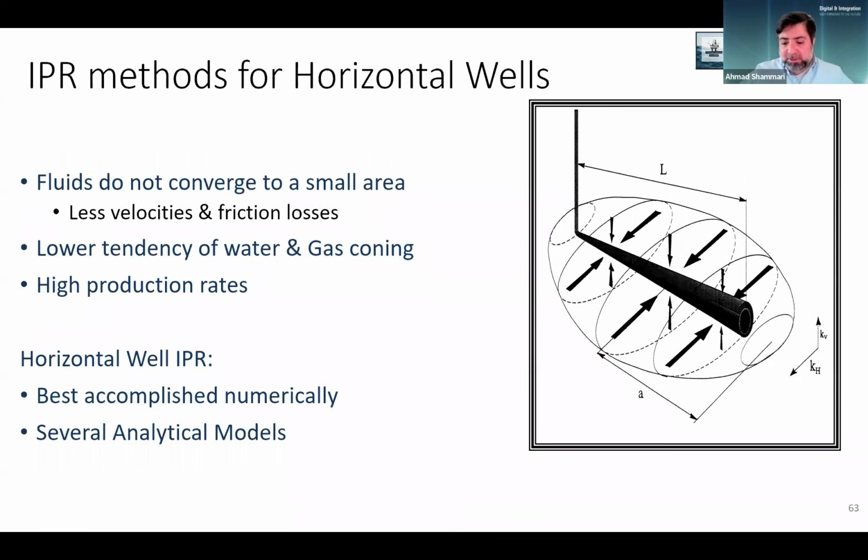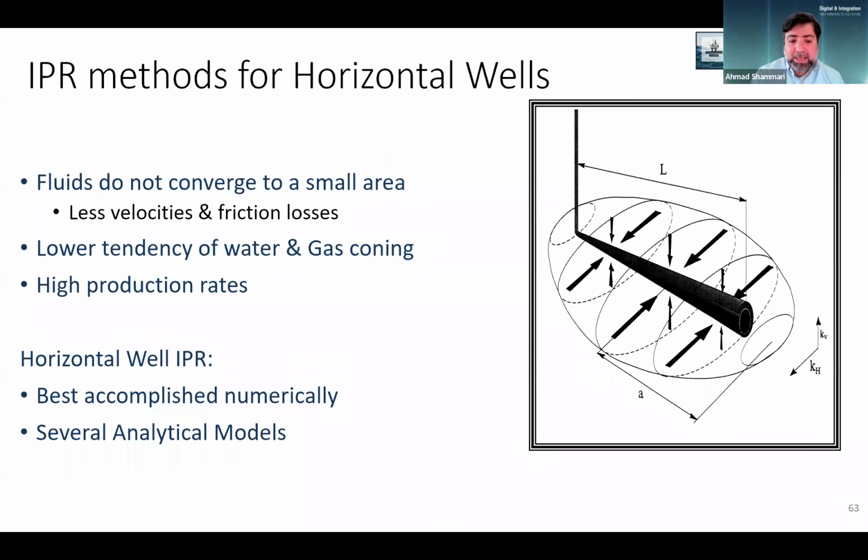You can extend your completion into a bigger area, and then the flow can easily and slowly move to that horizontal section. So there is lower tendency of water and gas coning. Because there is no localized area where the flowing bottom pressure is low, which would invite water and gas coning, and then we can have high production rates.